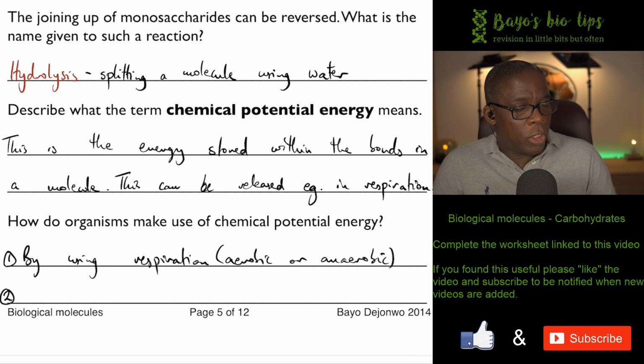But that energy isn't just released freely into the cell. Instead, it's trapped within a molecule called ATP, which we'll talk about in the future as well.